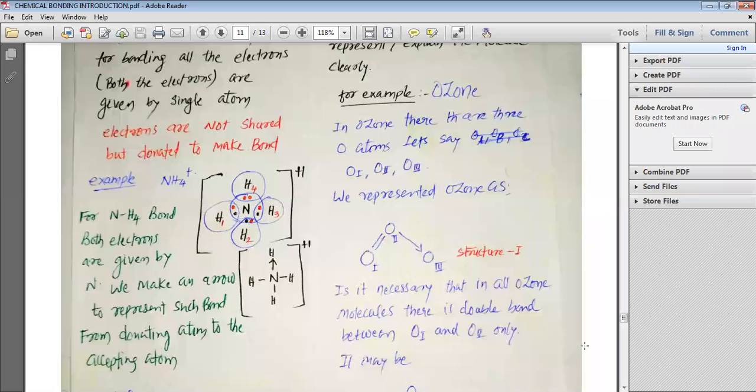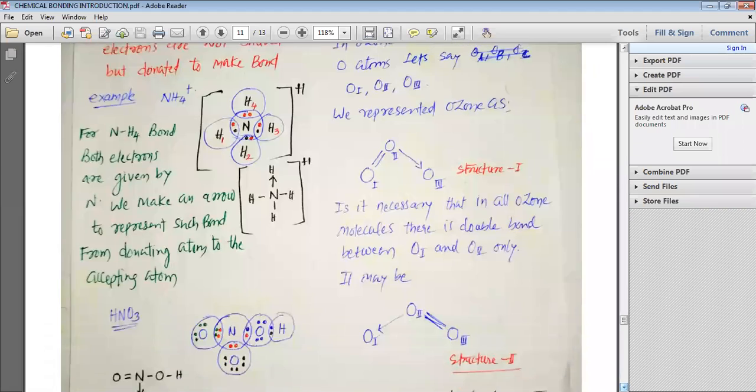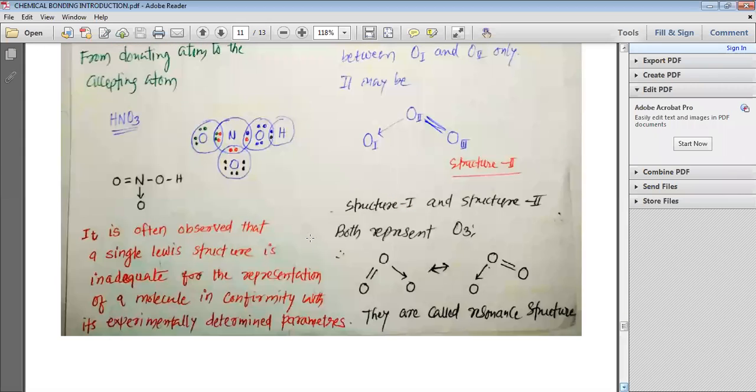We have already seen the example of NH4 plus, where both electrons to make bonds with H are provided by nitrogen, and that is why we represent this bond as an arrow. In the same way, in HNO3, these 2 electrons are provided by nitrogen, and that is why instead of writing a dash, we have represented it as an arrow.